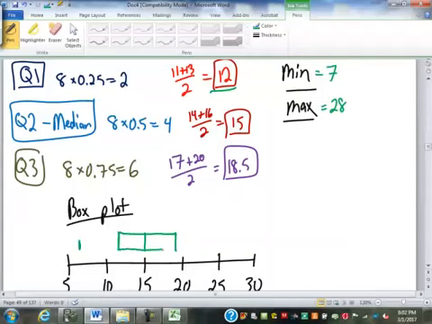I connect the first quartile to the third quartile with the median, just like that. That is the box part of the plot. Now then, my maximum is 28, so that's right up here. So from the upper end of the box, I extend a line out to that 28. From the lower end of the box, I extend the line down to that minimum of 7.